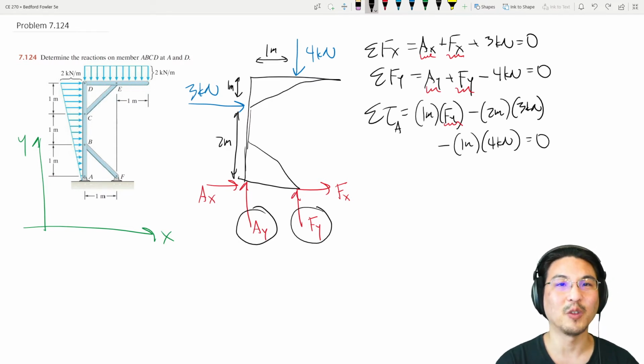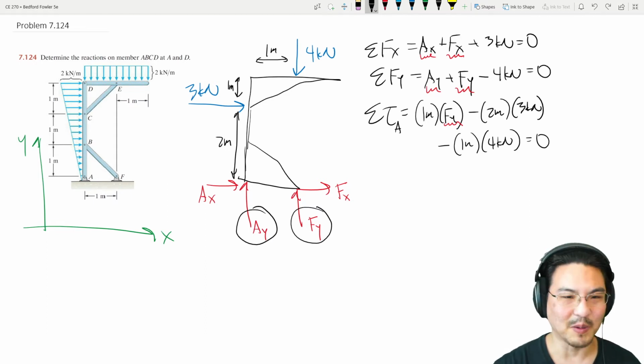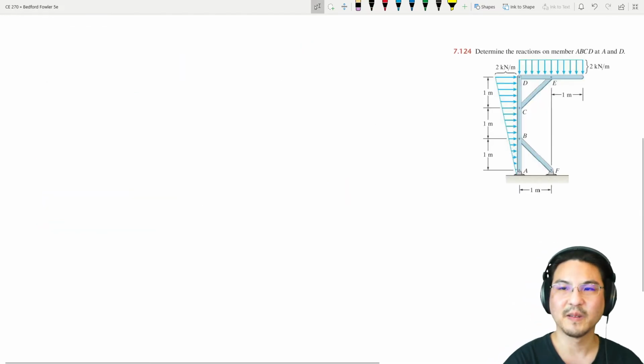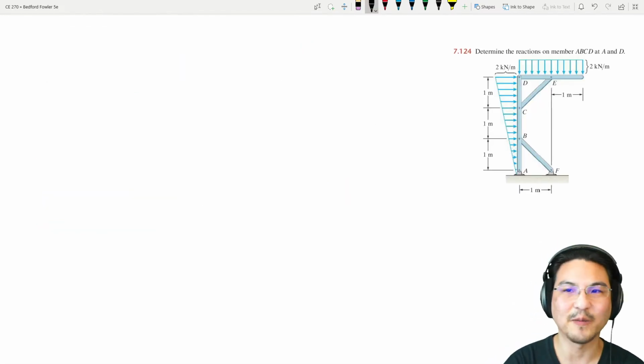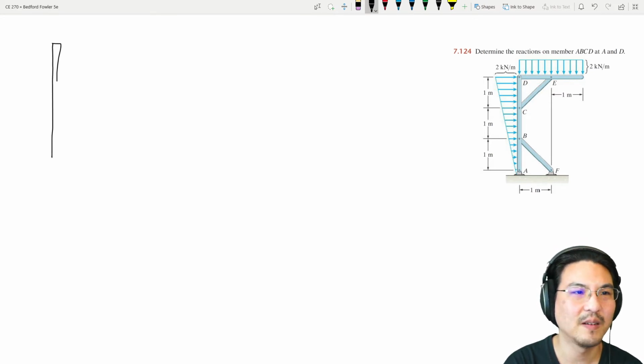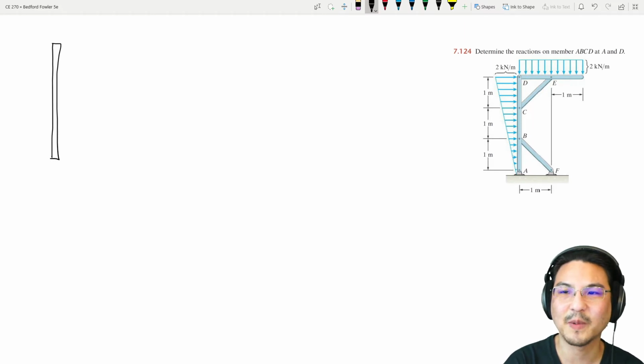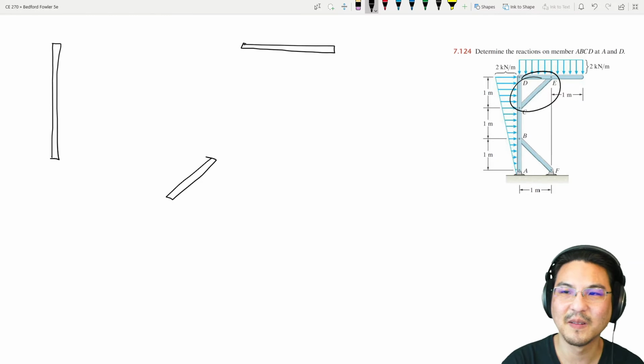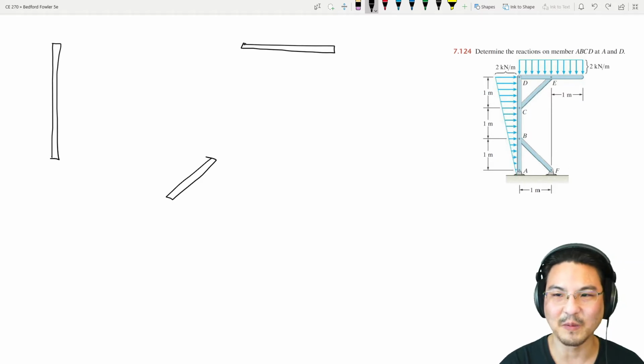For a frame, you break it apart. Okay, so to break it apart, let me make some space. Okay, so we break it into its different parts. So there's that vertical bar, and then there's the horizontal one on the top, and then the diagonal one over here, this one, and then the other diagonal one over here.